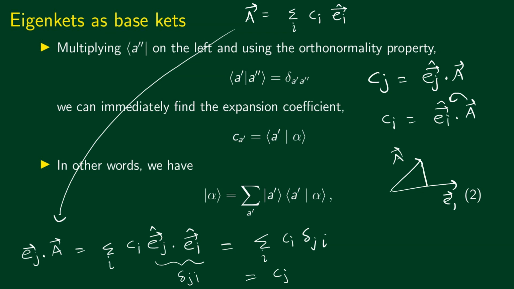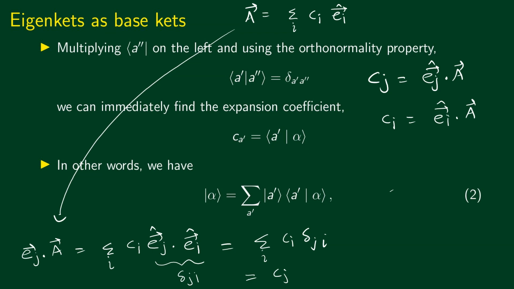You just project it on here. So the projection is the same as taking the inner product. So E1 dot A vector will give you the component of A vector along the E1 direction. In other words, it gives you how much of the vector A lies in this E1 direction. Okay, that's one way to see that.